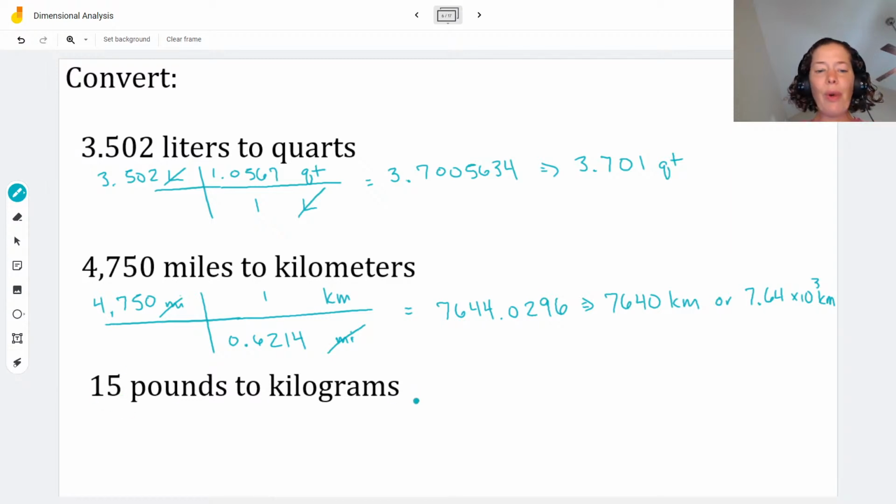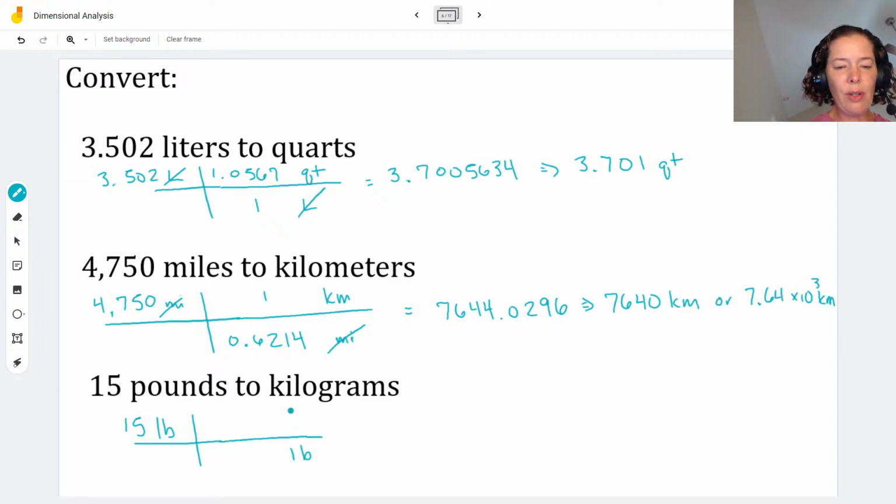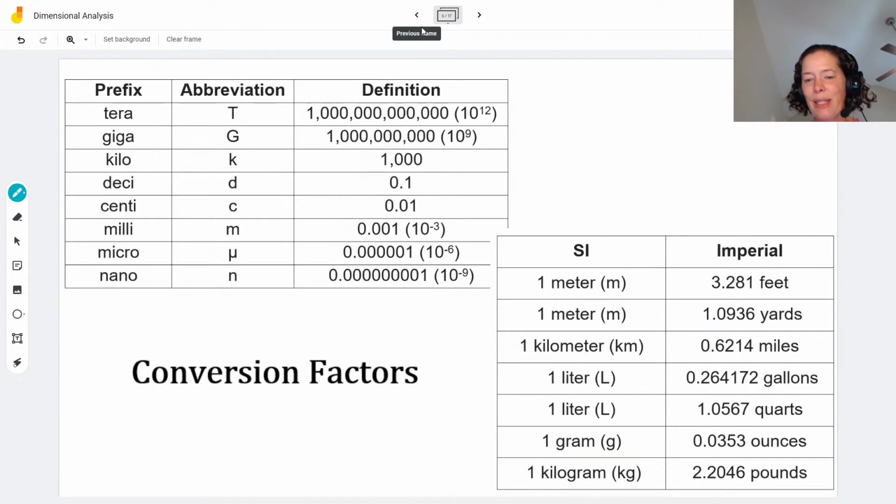15 pounds, and we want to convert to kilograms. So again, starting with our 15 pounds, let's get our units in. We want pounds to cancel, and we want to go to kilograms. Oh, I think I said kilometers first time. Anyway, we want to go to kilograms. Weight to weight, right? Or mass to mass. So here we go.